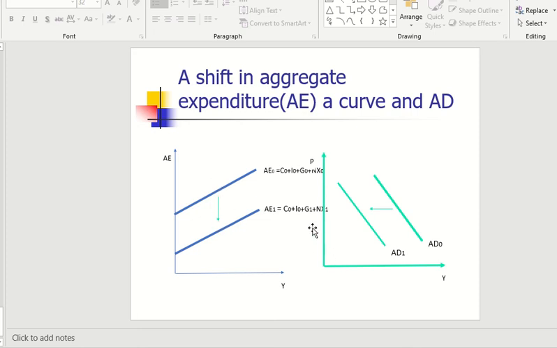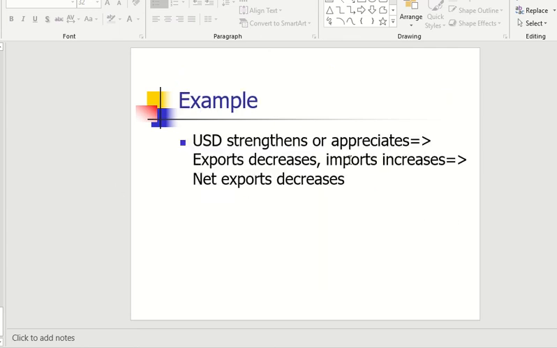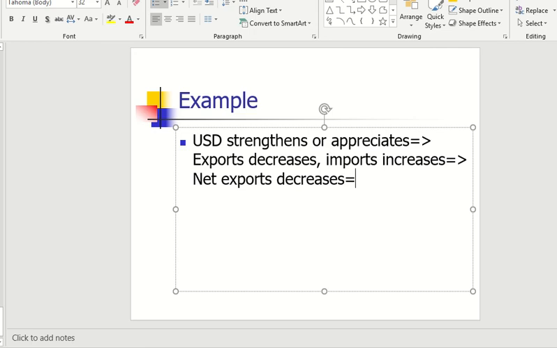Net exports is a component of aggregate demand, so that means we're going to see a decrease in aggregate demand. Okay, so it is illustrated by a leftward shift of the aggregate demand curve. So that is going to give us a decrease in aggregate demand.